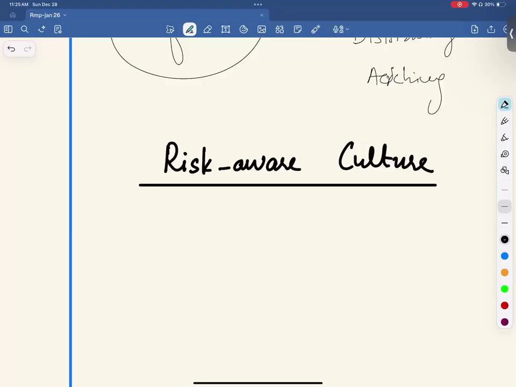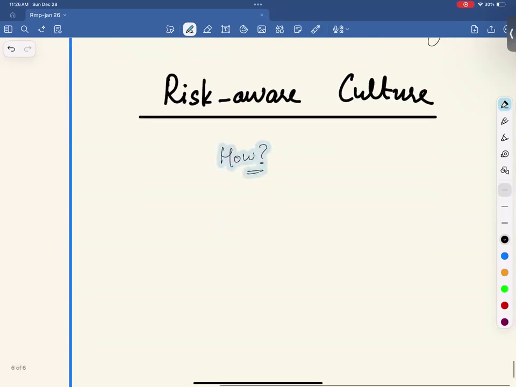So you create a risk-aware culture. How can we create a risk-aware culture? I think if we discuss the findings and its benefits, that will be more attractive to everyone to be aware of this and implement it.